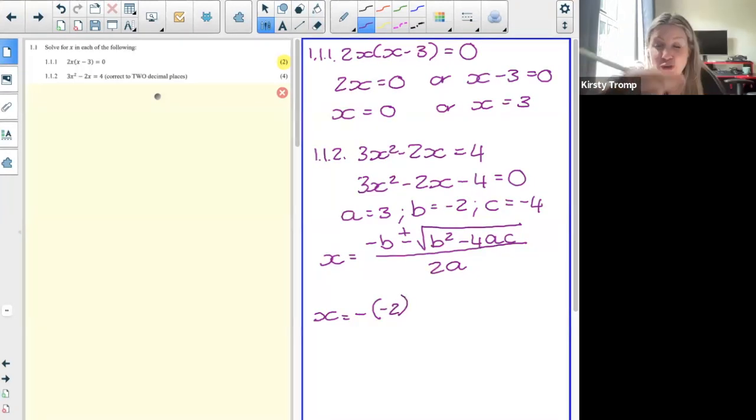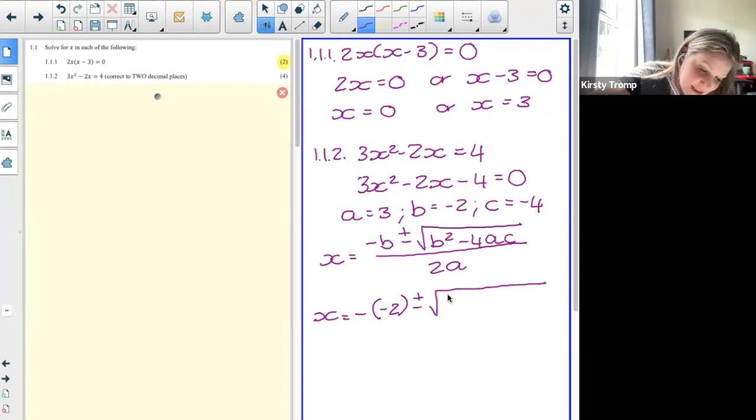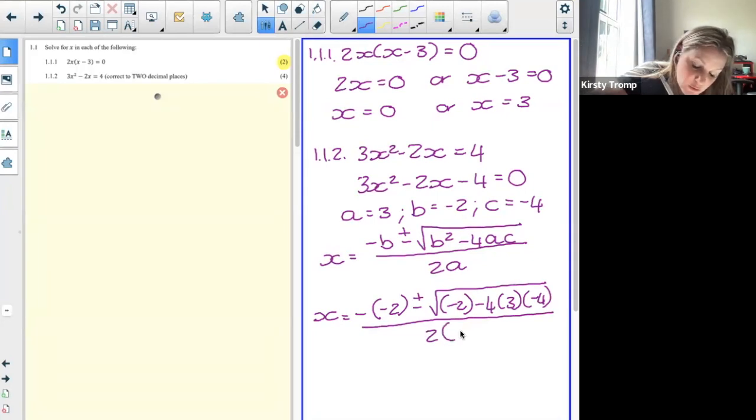So when you substitute in b, you need to make sure you've got brackets, negative 2, plus minus square root, again brackets, negative 2, minus 4, a is 3, c is negative 4, all over 2 brackets 3. Again, be careful of those small little issues that you may get along the way.